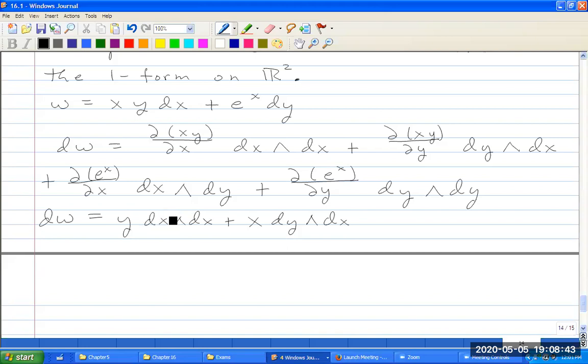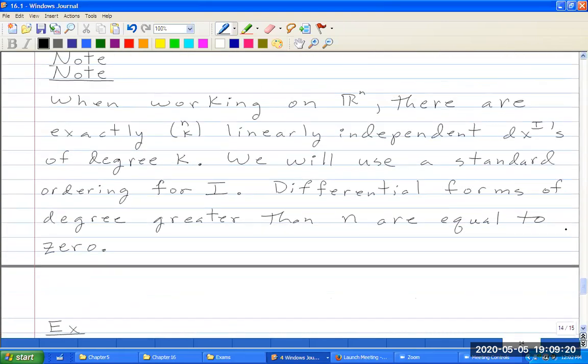This says that I took the partial with respect to x. This says that I took the partial with respect to y. Let's take the partial of this with respect to x. So I have to multiply by dx wedge dy, plus the partial of this with respect to y, that's 0 dy wedge dy.